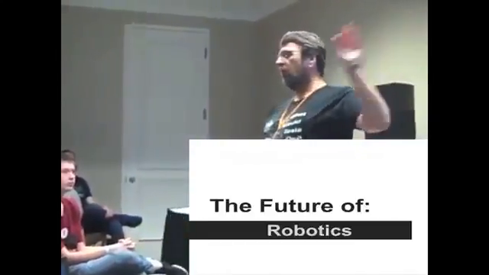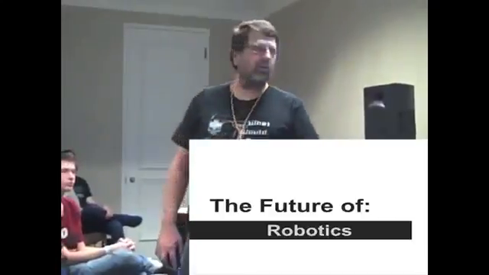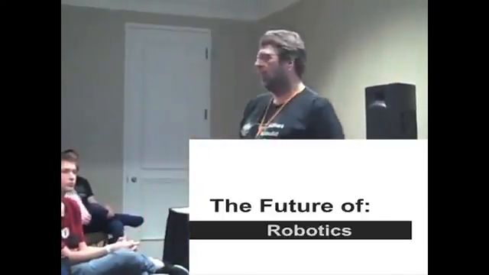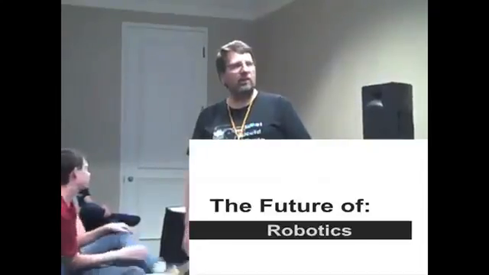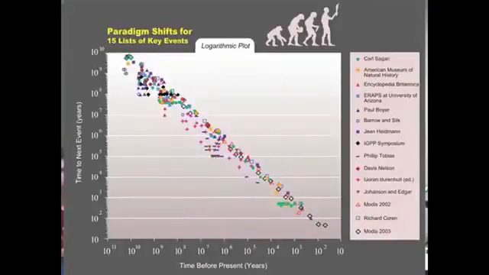But this first slide actually comes from one of the first talks I ever did at LibertyCon about the singularity. This is pulled straight out of Ray Kurzweil's book, The Coming Singularity. And it talks about what the future's going to be like, because that's what it's all about.